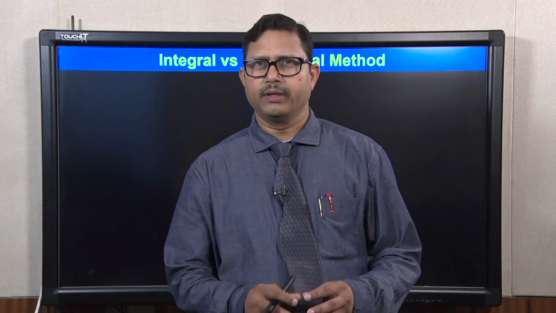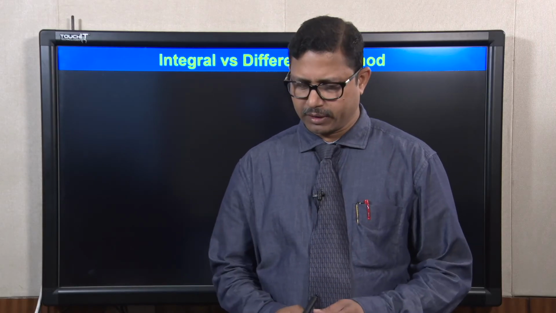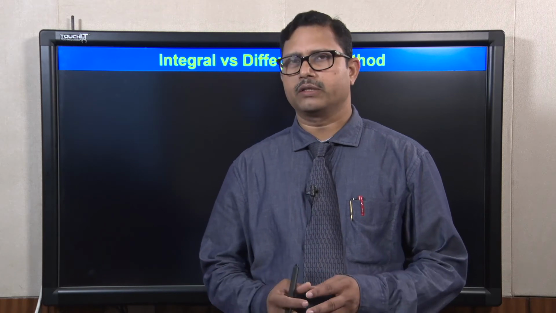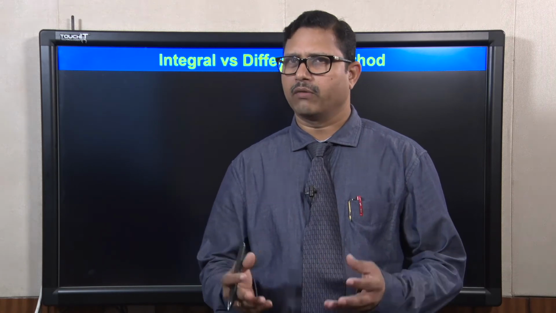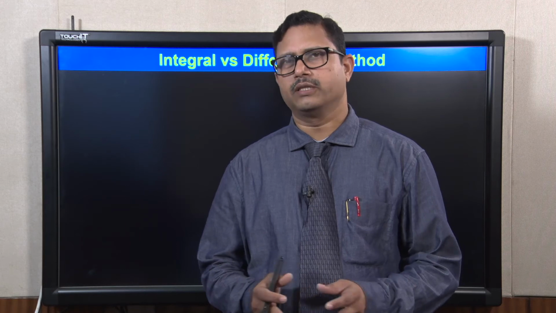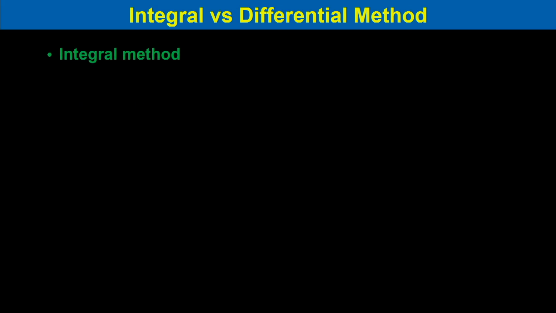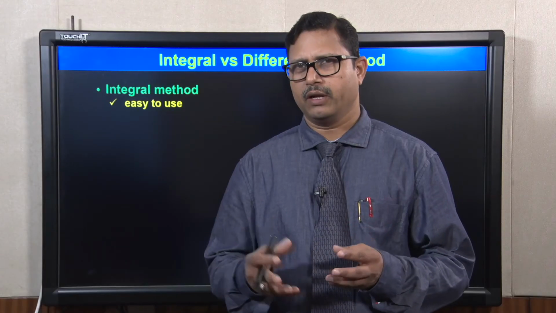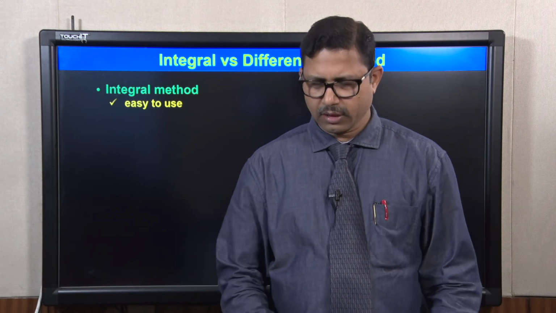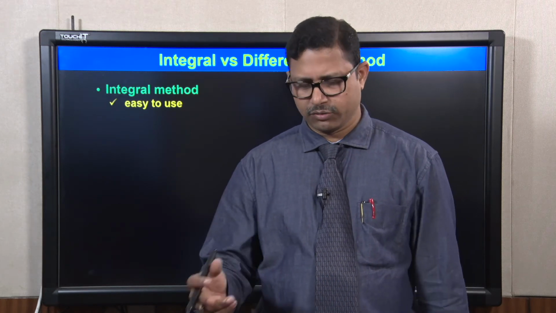Now, between the integral and differential methods, which one is beneficial and what are their advantages and disadvantages? The integral method is very easy to use, because we guess a rate equation, integrate it, and then fit the data we obtained.